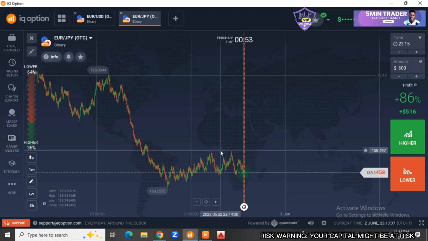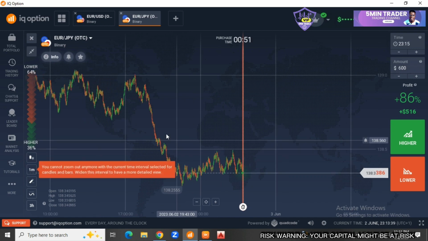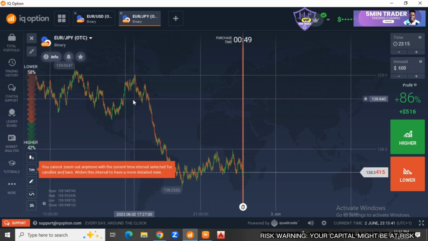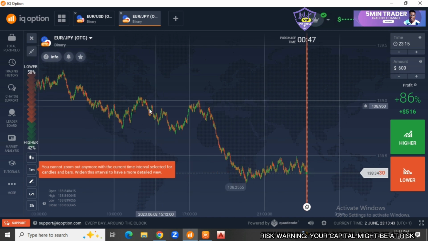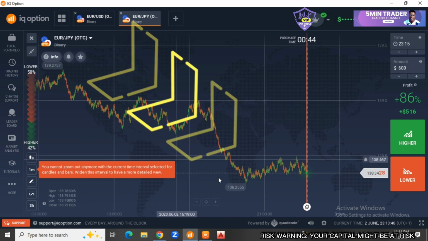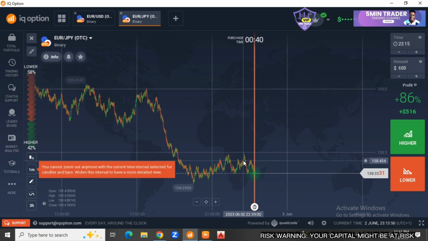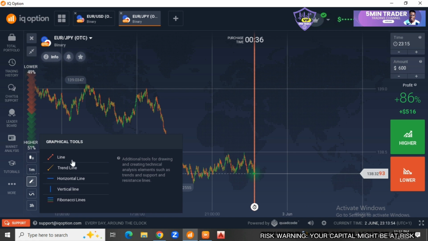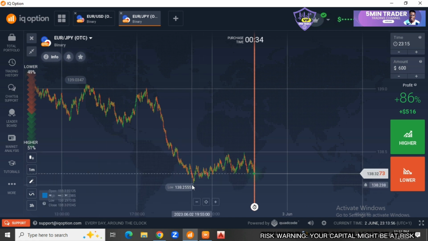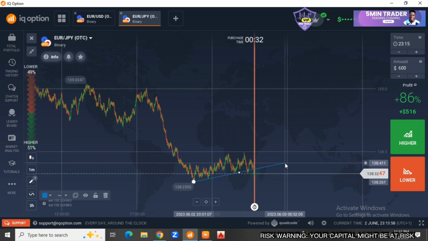So first of all, let us try to analyze this chart. We can see that this is a very strong downtrend situation. We can see that we're having lower lows and lower highs, and we will also try to analyze our area of value. So we try to have a trend line on this support level.